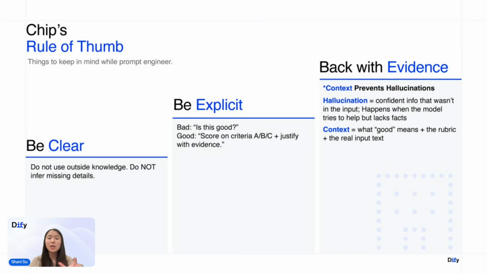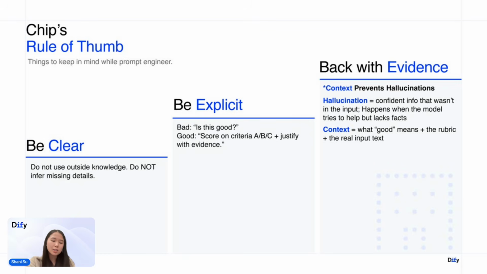Context prevents hallucinations. So what exactly do we define as a hallucination? A hallucination is a confident piece of information the LLM generates that was not in the input. For example, if you input Shani's resume and the LLM pulls data from its database that says, this project that Shani has never worked on is useful for this resume.